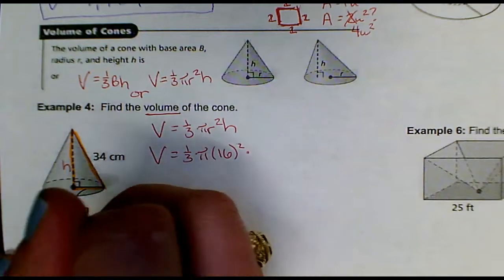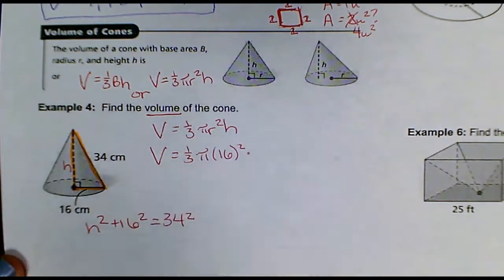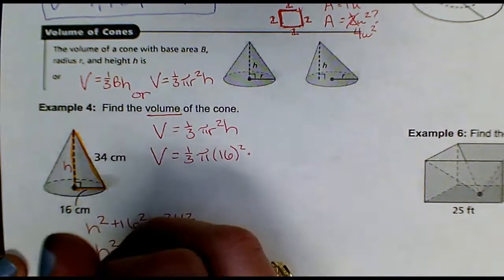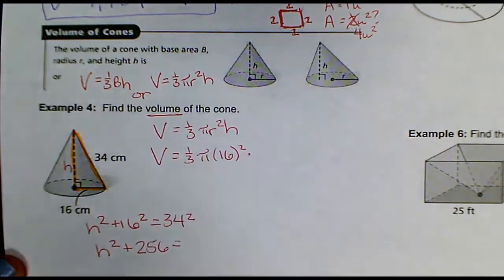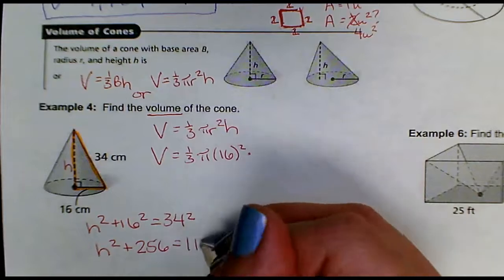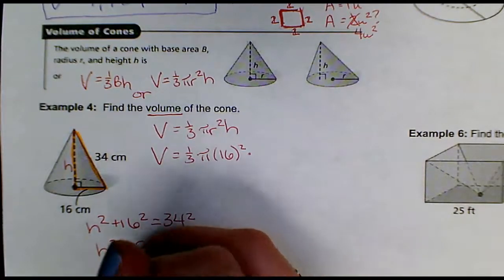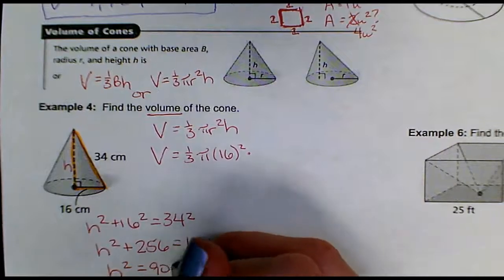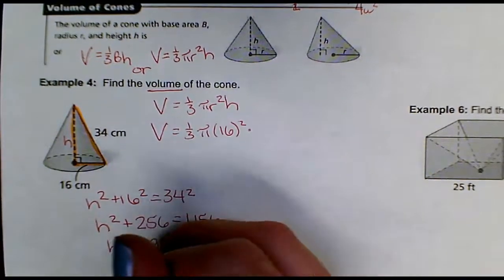So I have h squared plus 16 squared equals 34 squared. So h squared plus 256 equals 1,156. When I subtract 256, I get h squared equals 900. And if I square root both of those sides, then I get h equals 30.